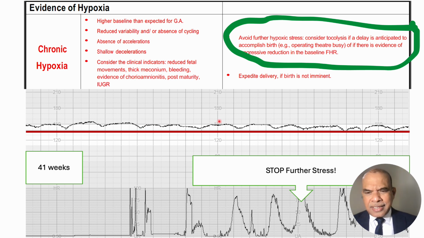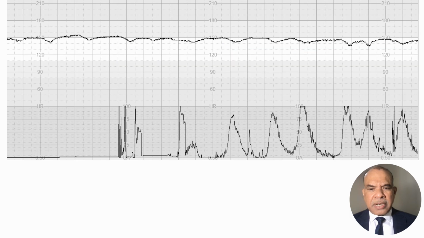That's because the fetus has lost its compensatory responses. It cannot mount a very big deceleration. CNS is depressed. So the guideline tells you if you have chronic hypoxia, you avoid further stress and expedite delivery.